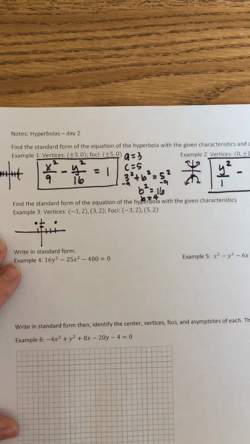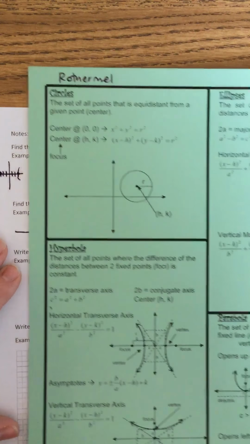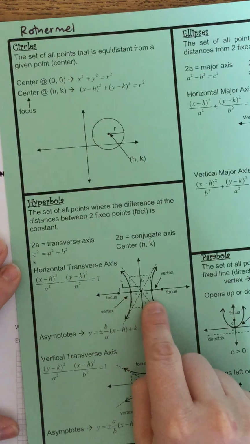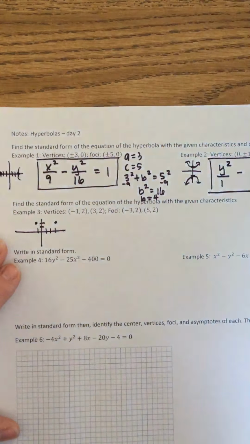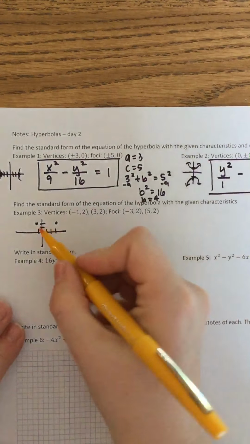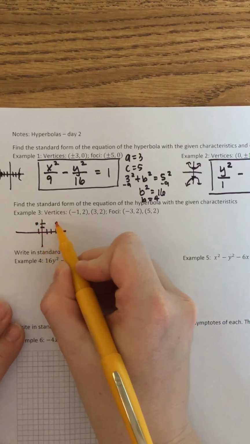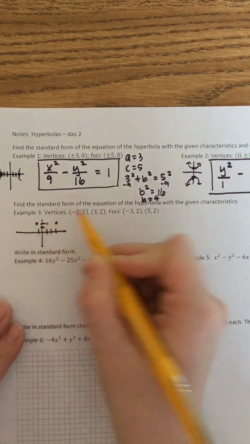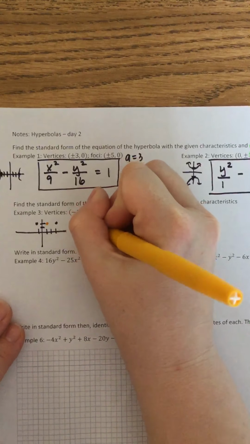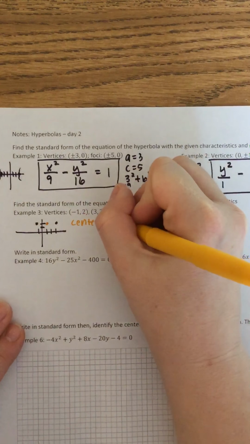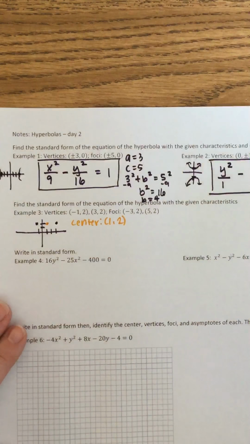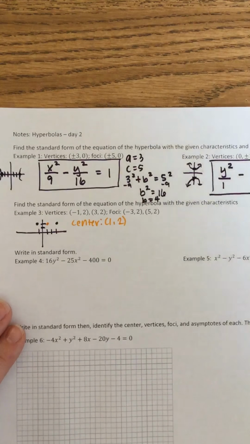Your center is always directly in the middle of your vertices. So if I go halfway there, this distance right here is 4, so halfway between 4 would be 2. So my center would be at 1, 2.